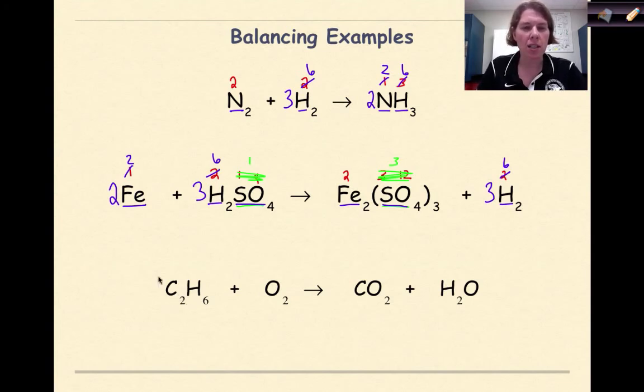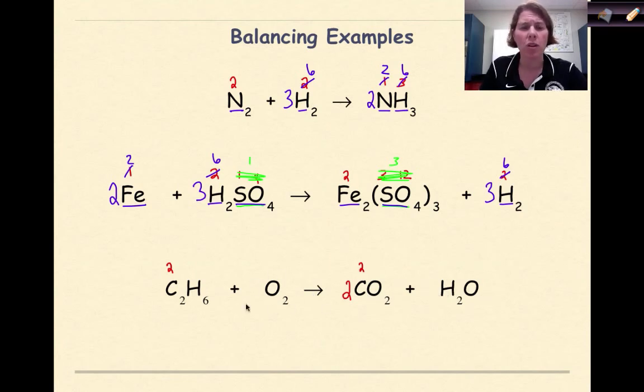So I'd look at this and I'd say, well, 2 carbons, 1 carbon, so I'm going to throw a 2 in front of here, and that'll give me 2 carbons. I always start out by balancing my carbons. Then I go to my hydrogens. And again, there's a very specific reason. Hydrogen appears once on the reactant side, once on the product side, while the oxygen atoms appear once on the reactant side, but 2 times over on the product side.